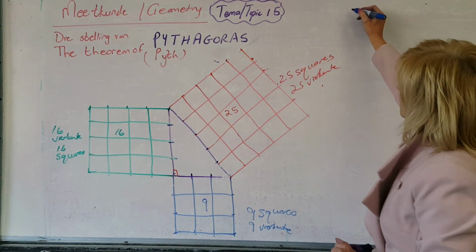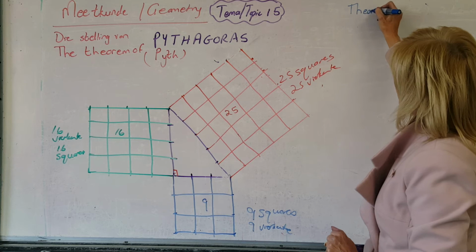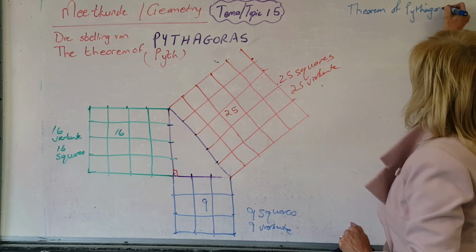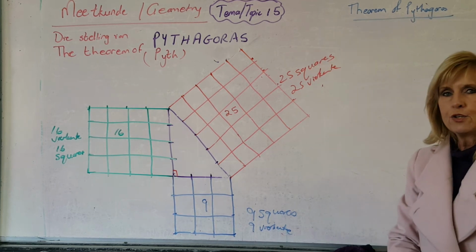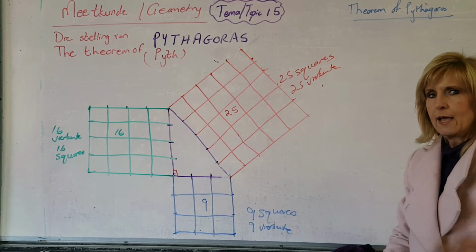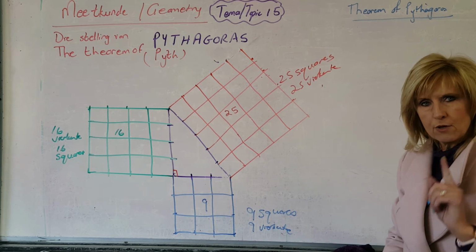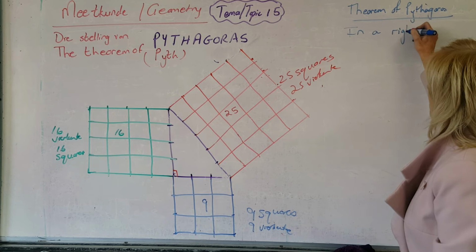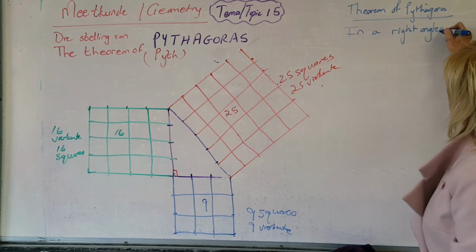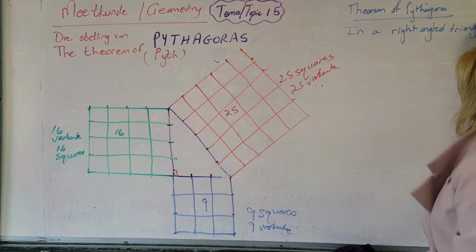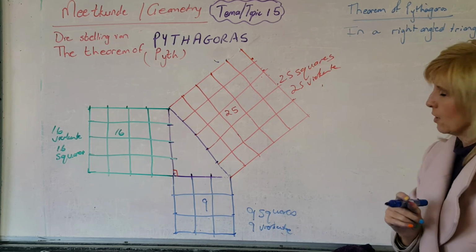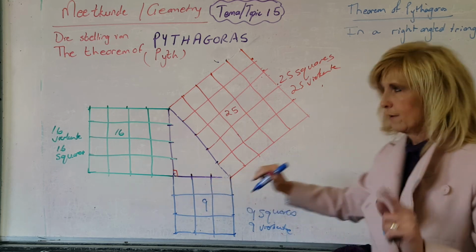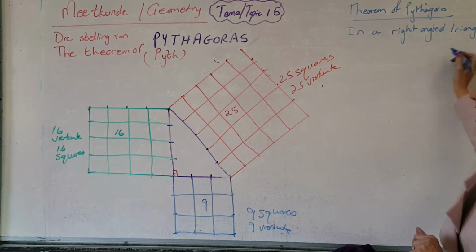In English, the theorem of Pythagoras is, and I'm going to do this again and again until you can repeat this after me. In a right-angled triangle. In a right-angled triangle, nothing else. Can't be any other triangle, it has to be a right-angled triangle. So that's the first thing you've got to write.